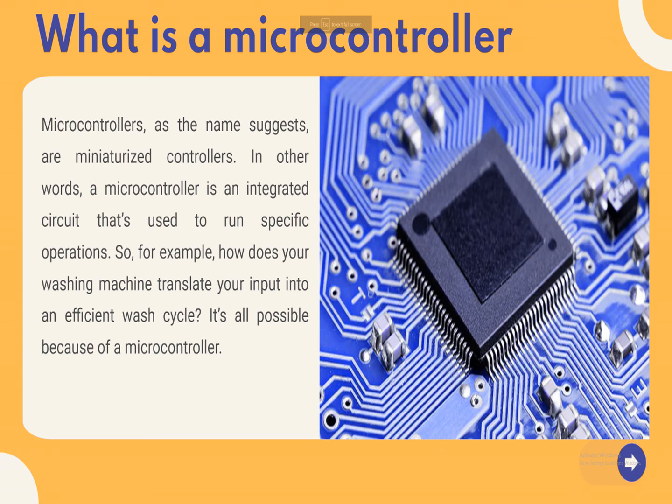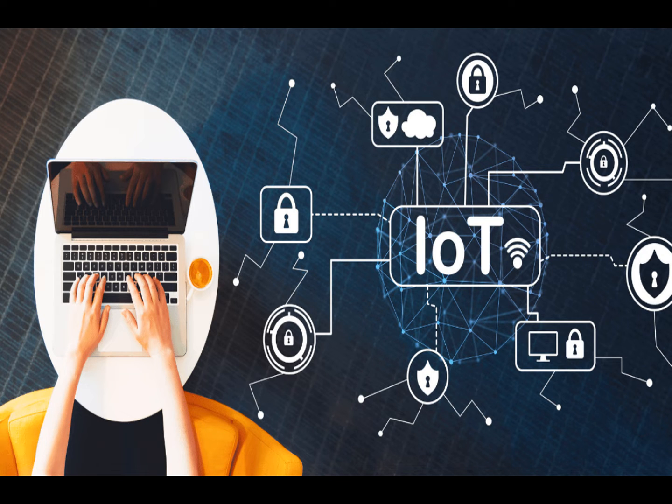In formal terms, a microcontroller is a compact, integrated circuit used to govern and control a specific task in a system. Typically, microcontrollers include processors, memory, input and output ports on a single chip. It is the fact that all of the features are available on a chip that makes microcontrollers so powerful.